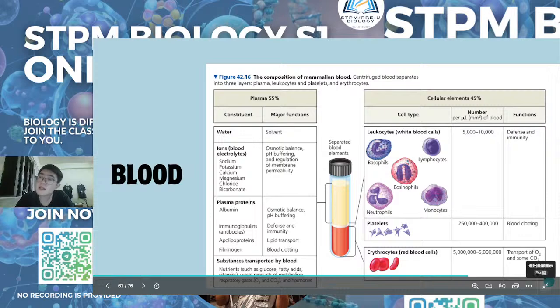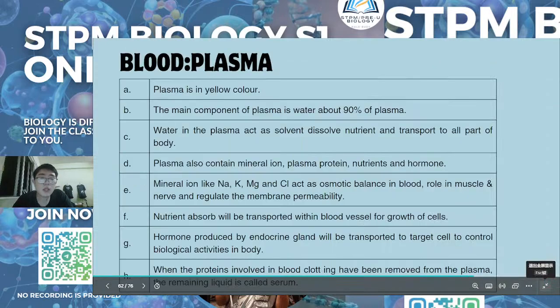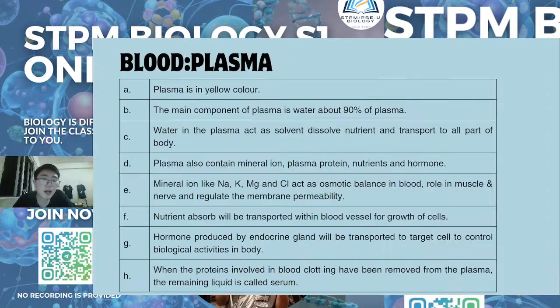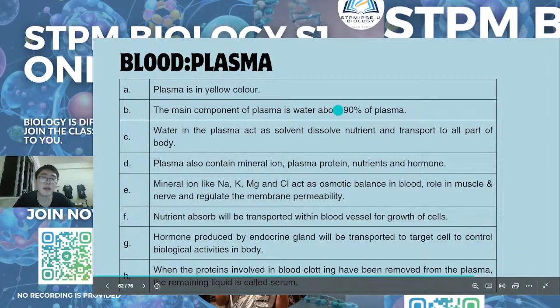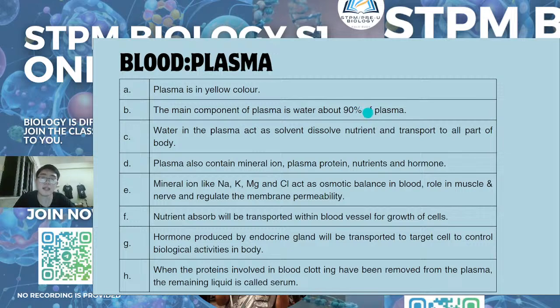All of these, okay, so this one is about the plasma. Normally our plasma is yellow in color, right? And I already mentioned that 90% of plasma is made up of water. Another 10% is mineral ions, plasma protein, nutrients, and also hormones. Mineral ions are normally salt ions like sodium, potassium, magnesium, and chloride.